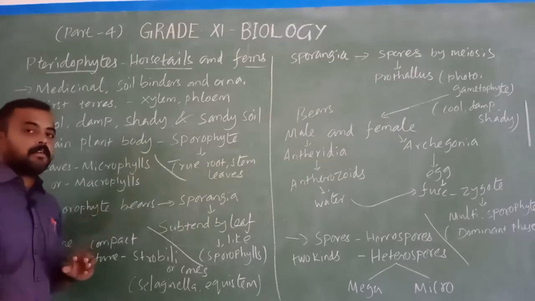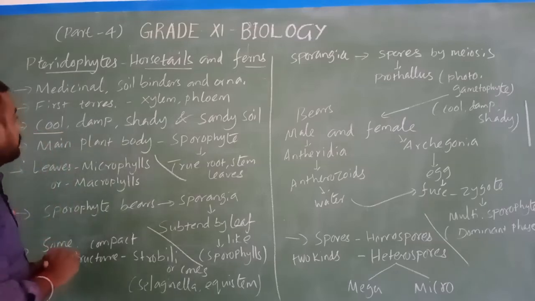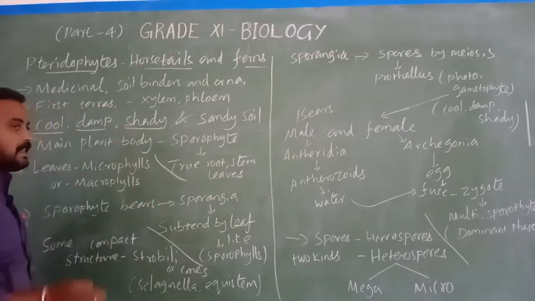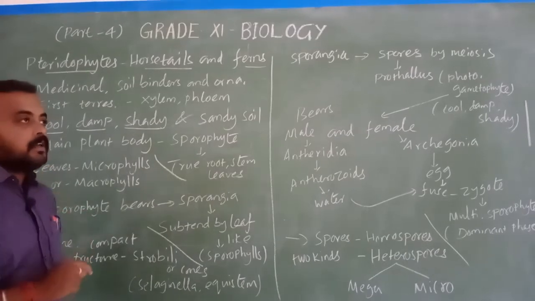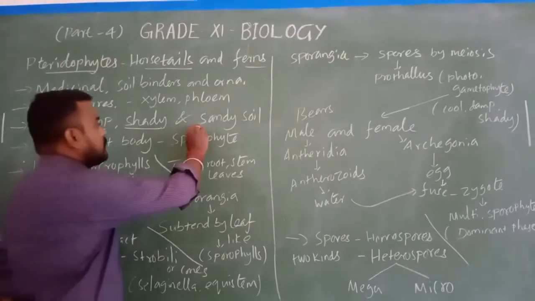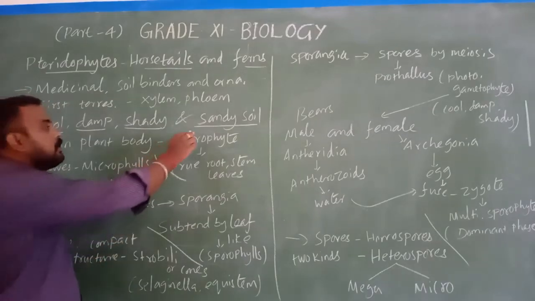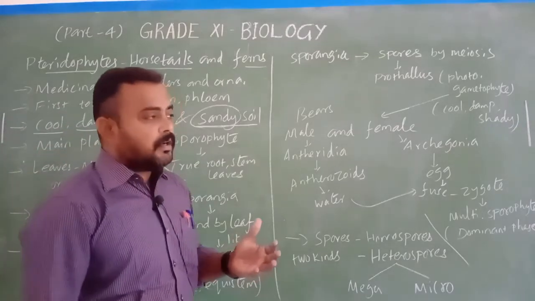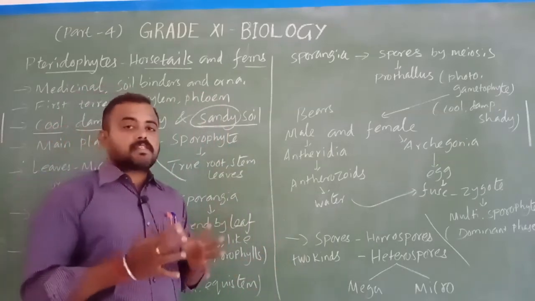The living place of pteridophytes is cool conditions, damp areas and sandy areas. In damp areas, in Tamil we can call it kaliman, or a marshy, muddy place.